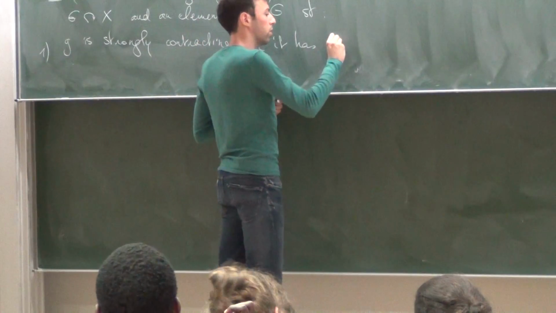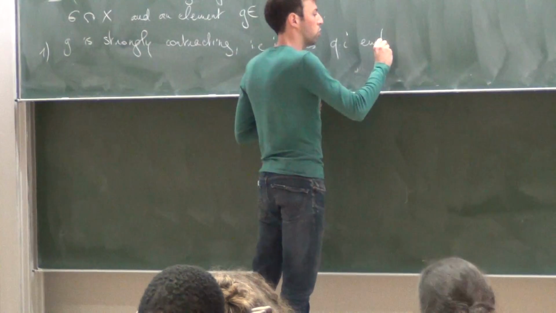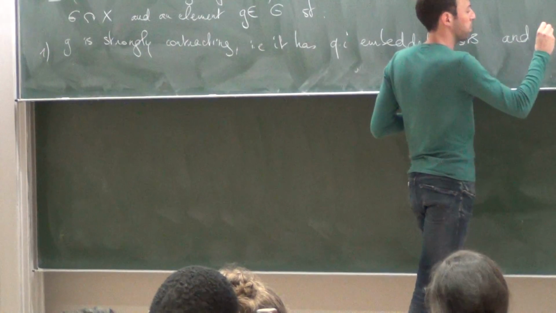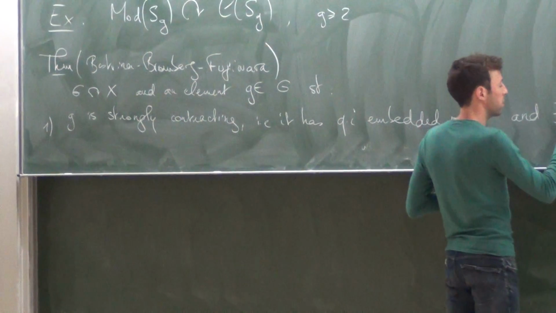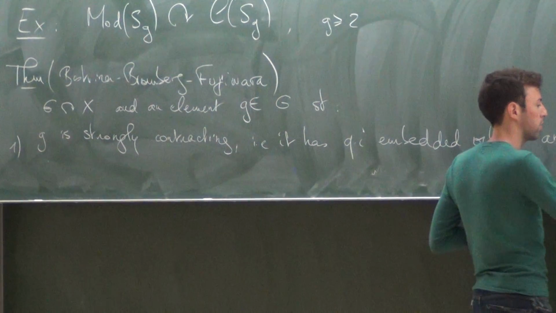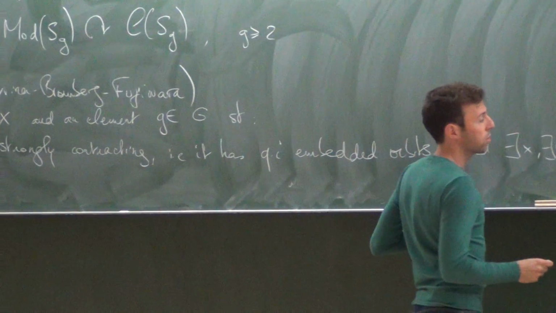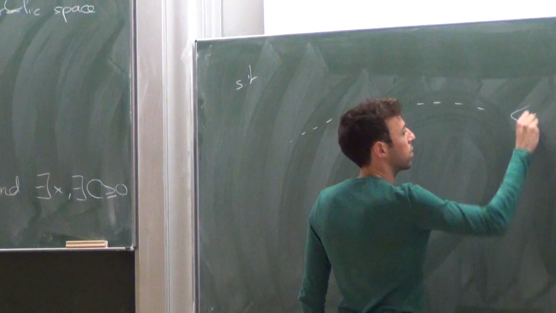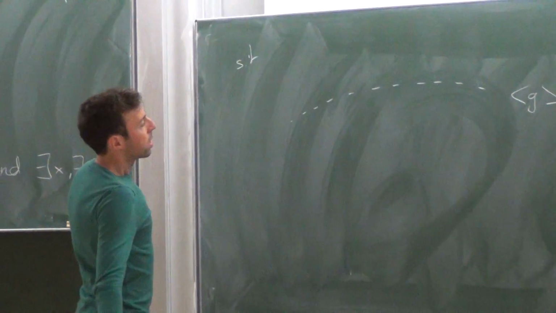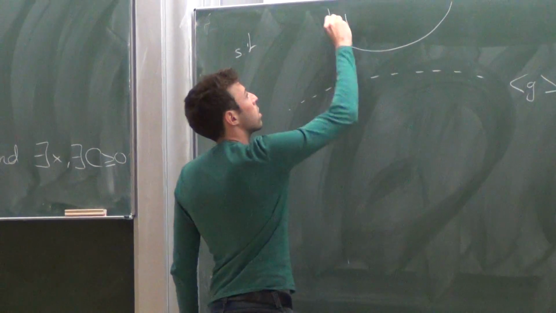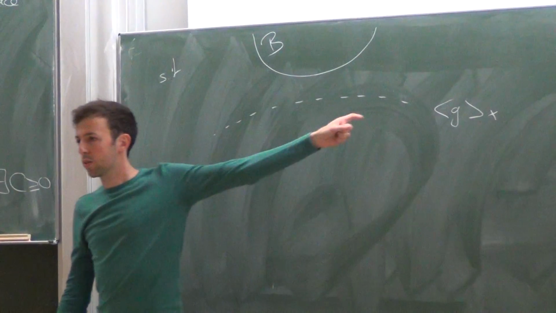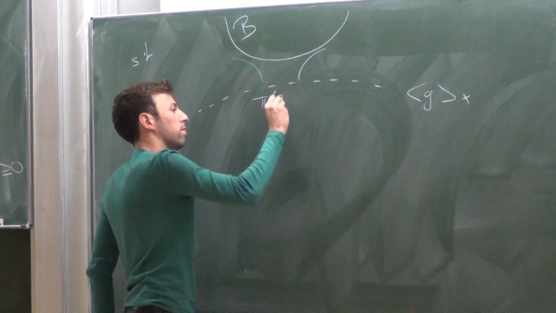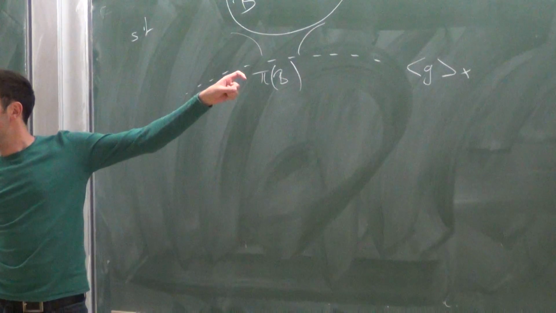It has quasi-isometrically embedded orbits, and the orbits are strongly contracting, meaning there exists, for every x, a constant C such that, if you look at the g-orbit of x, if you take any ball which is disjoint from that g-orbit of x, you want the closest point projection on that orbit to have diameter at most C.